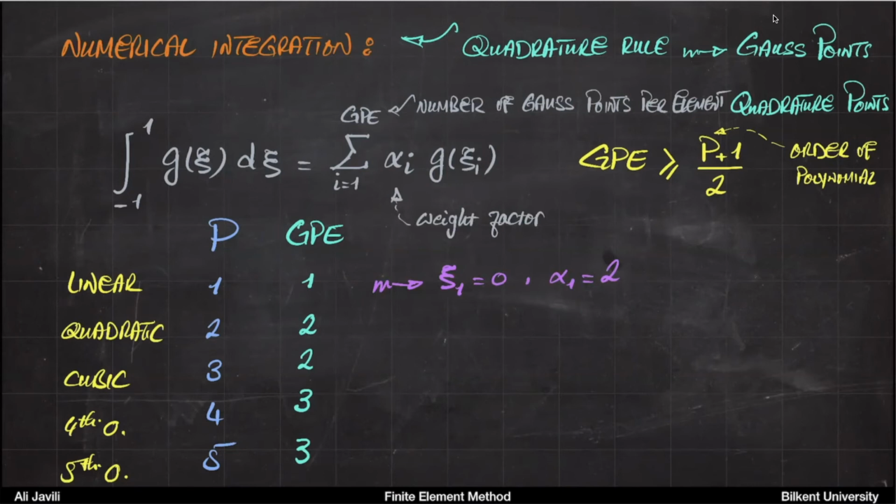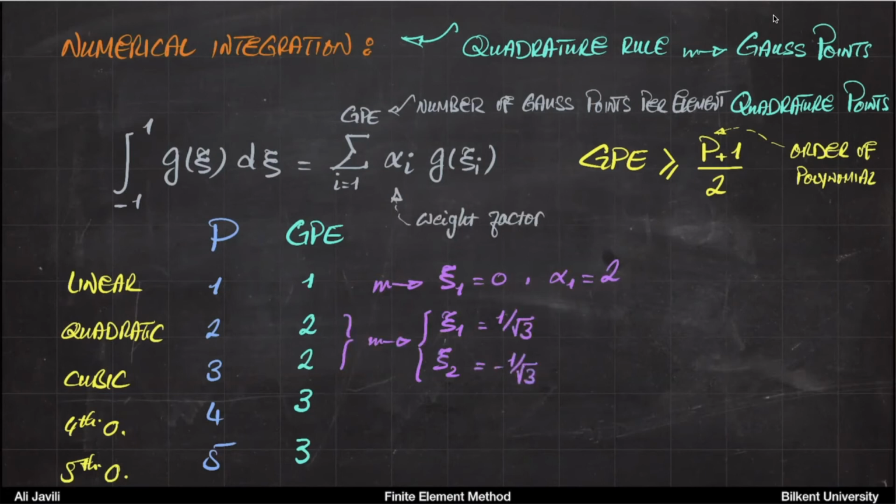Now, if you have quadratic or cubic, that means for both of these, we have just one set. Then you have xi 1 and xi 2 to be minus 1 over square root of 3 and 1 over square root of 3.